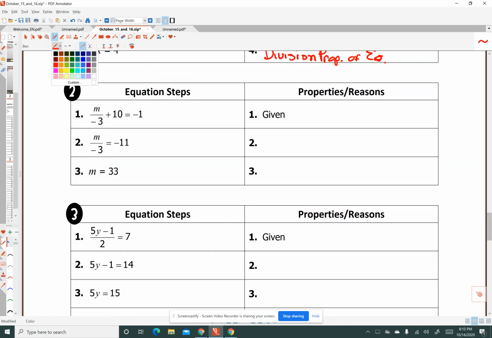Okay, let's get another color, and we'll do another equation. First, we have our given. So what did we do next? It looks like we subtracted 10 from each side using the subtraction property of equality.